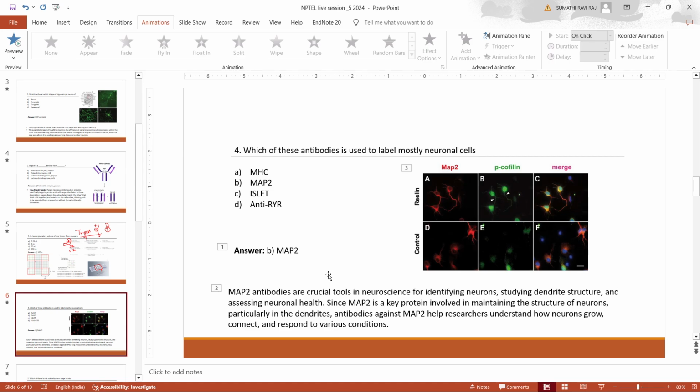C is your islet. Islets are your cells from your pancreas, so any antibodies for your pancreas is your islet antibody. And then anti RYR. RYR is your ryanodine receptors that are present in your endoplasmic reticulum of all your cells. So this endoplasmic reticulum stores calcium. It's a calcium store.